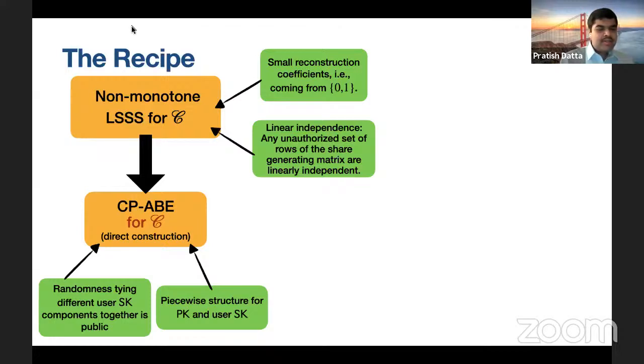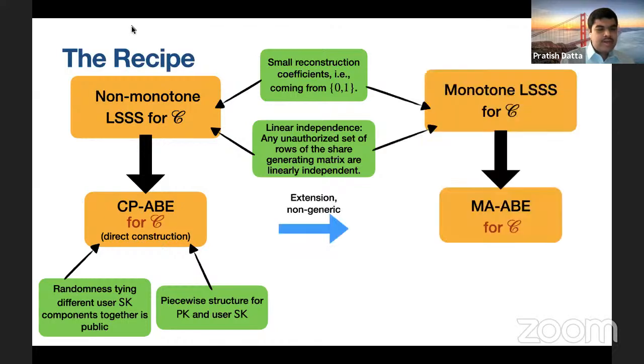And the second property is that our keys, that means the master public keys and the user secret keys of our CPABE, have a piecewise structure. That means those keys consist of components, each of which is associated with some specific attribute. And by virtue of these two properties, we are able to extend our CPABE scheme into a multi-authority ABE.